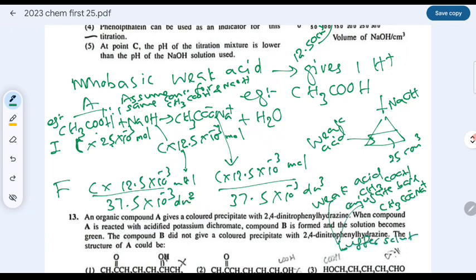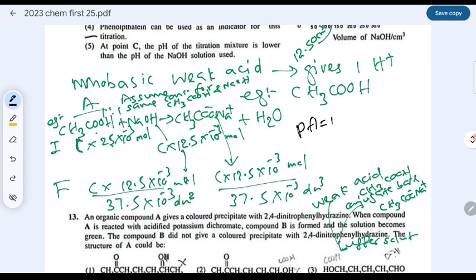Then we can write the Henderson equation to calculate the pH. I'll erase this one and write: pH equals pKa plus log10 of conjugate base over weak acid.